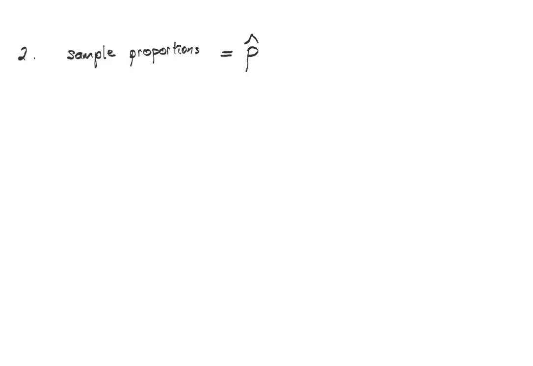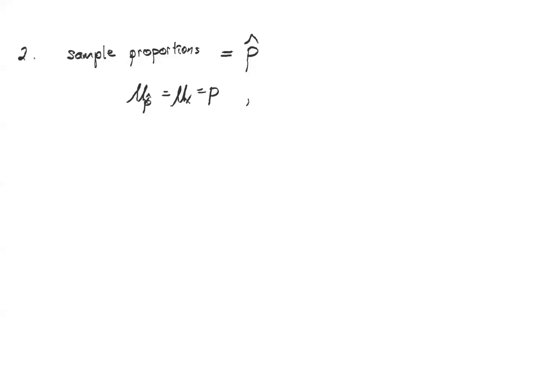Afterward, I will teach you how to get the answer. According to CLT, what is the mean of the normal distribution for this sample proportion? It is equal to the population mean, then it's equal to P.